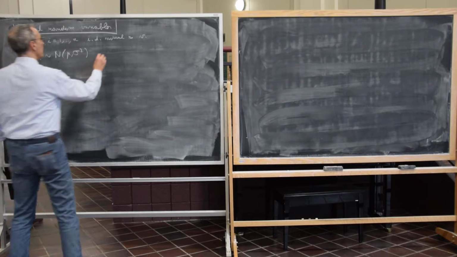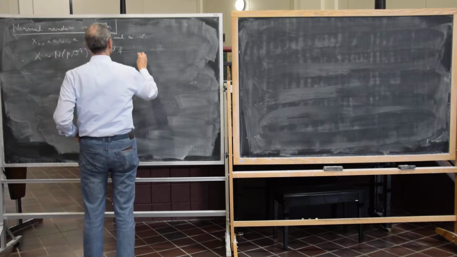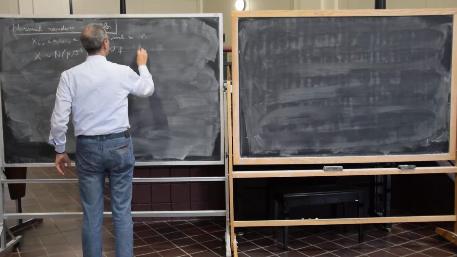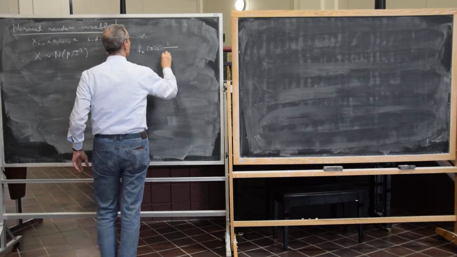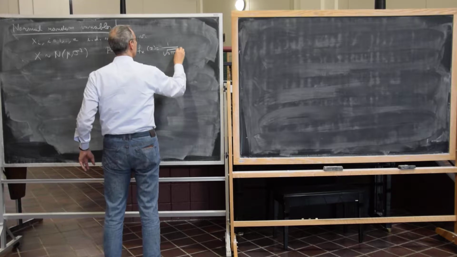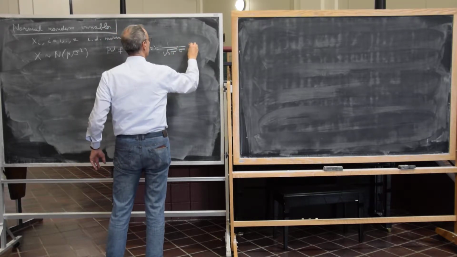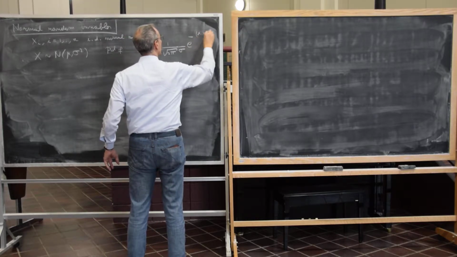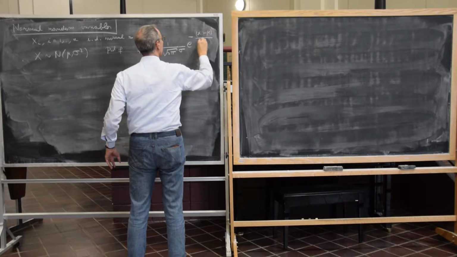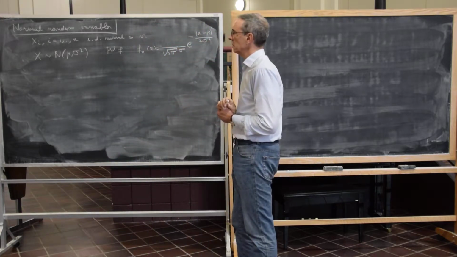So the PDF of x, f_x of x, is equal to 1 over the square root of 2 pi sigma, and then there is an e to the minus (x minus mu) squared divided by 2 sigma squared. Right?